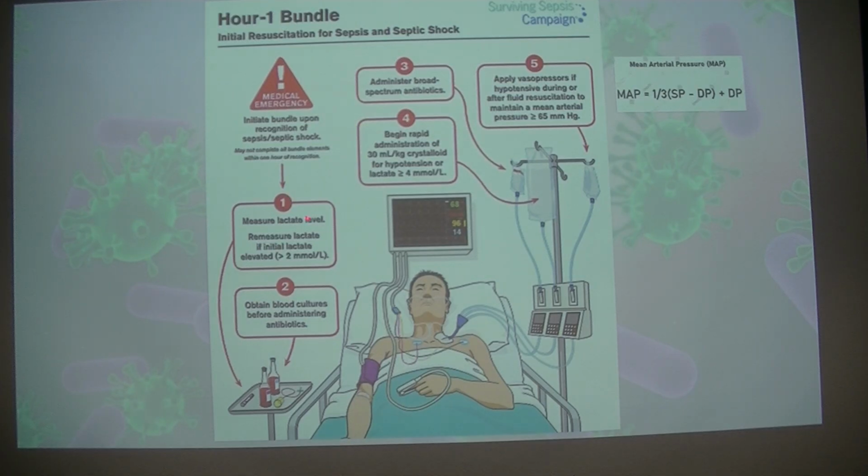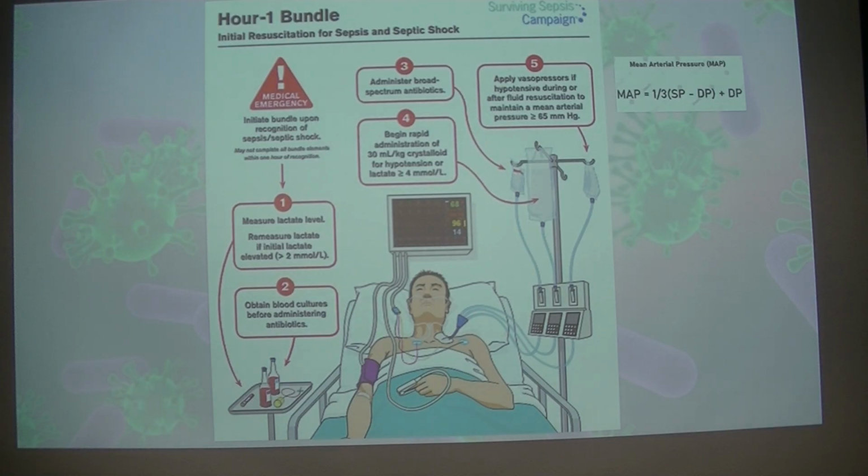Unfortunately, we cannot measure their lactate, and it requires ice, so you have to put that tube on ice. But that can be drawn after you start administering antibiotics. But administering broad-spectrum antibiotics is one of the big things that they want done within an hour of identifying possible sepsis.